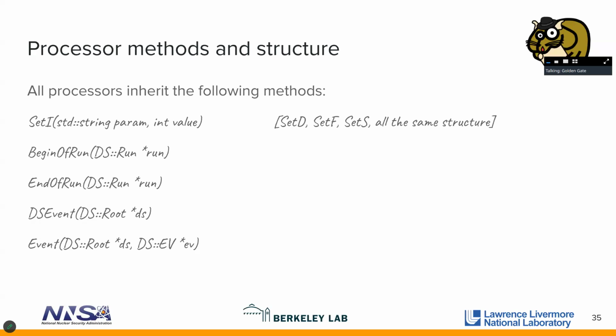These SetI, SetD, etc. allow the user to change a variable in your processor, and the I, D, etc. refer to different types, integer, double, etc. And then I'm going to go through each of these different methods. So in your processor, you really only need to include these methods: BeginOfRun, EndOfRun, and either DSEvent or Event. And I'm going to go through all of those in just a little bit of detail.